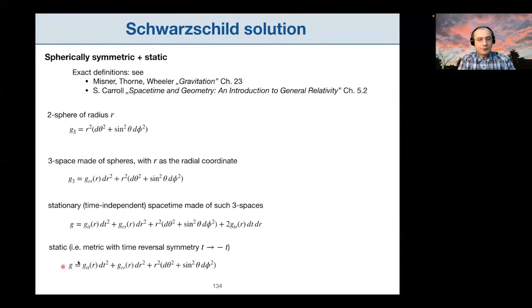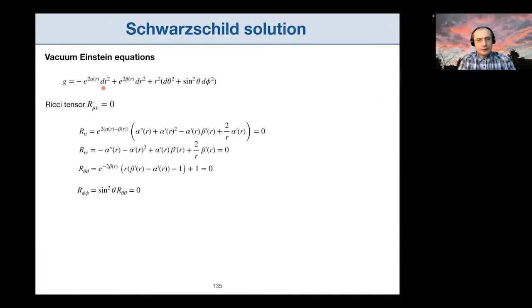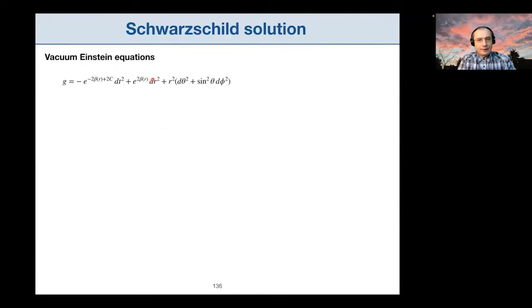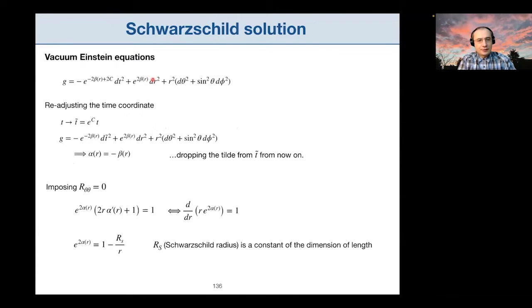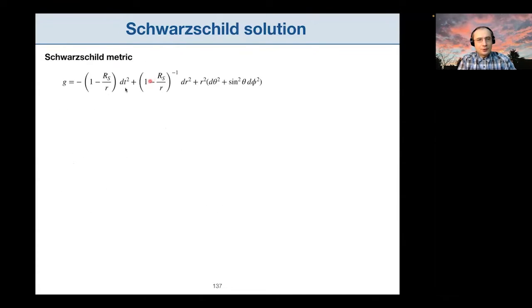We sort of guessed the form of the metric consistent with the assumptions, then imposed the Einstein equations on this form of the metric. And then it turned out that after a small adjustment of coordinates, we can find the solution to look pretty much this way.